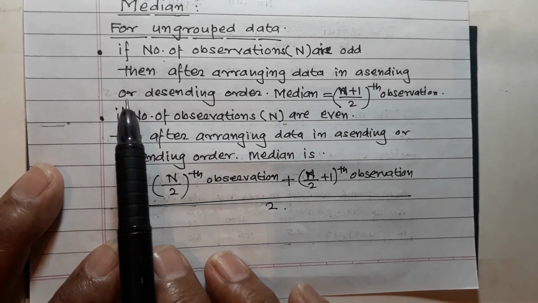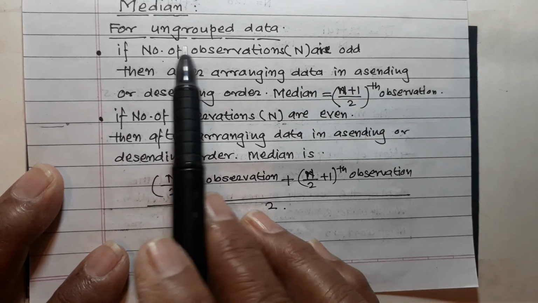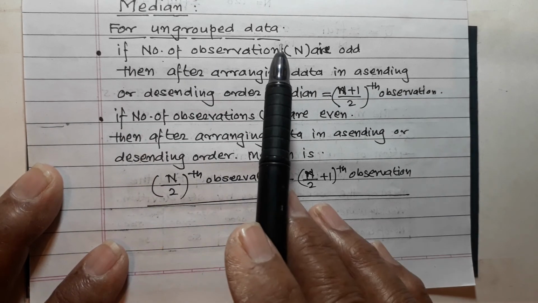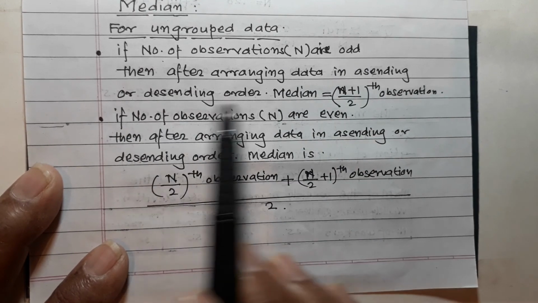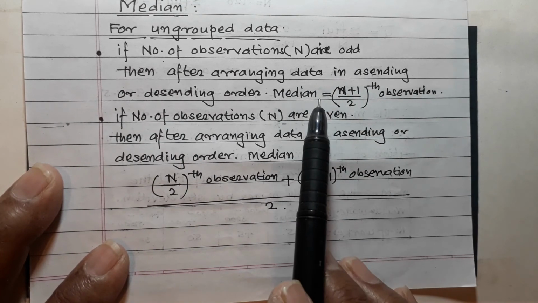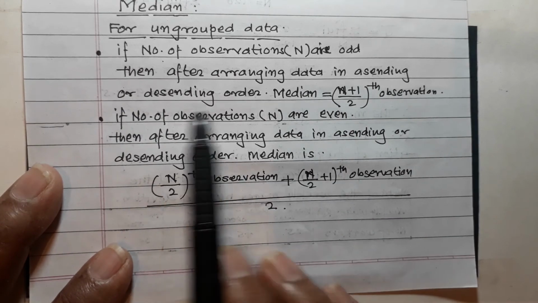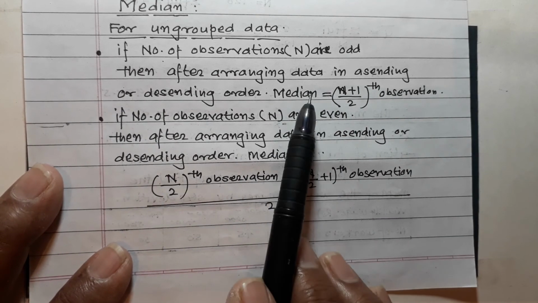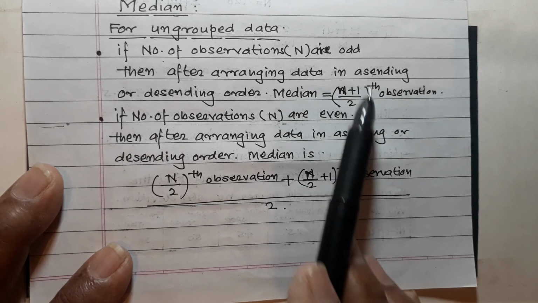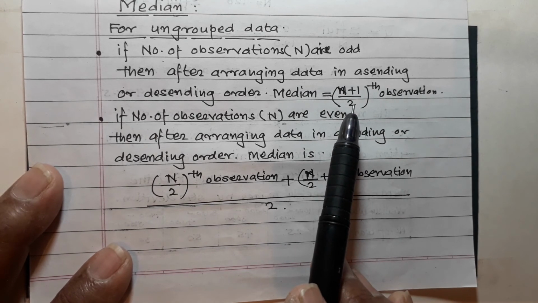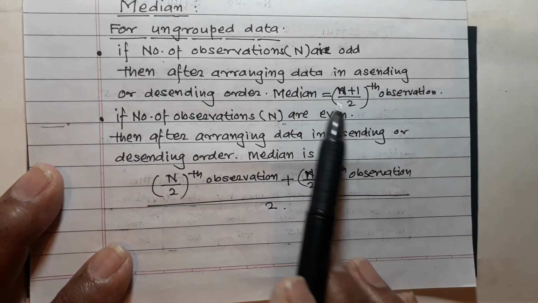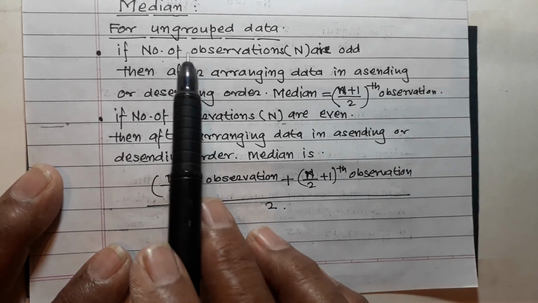When the number of observations n is odd, first arrange the data in ascending or descending order and then find the (n plus 1) upon 2 term. That term is your median.